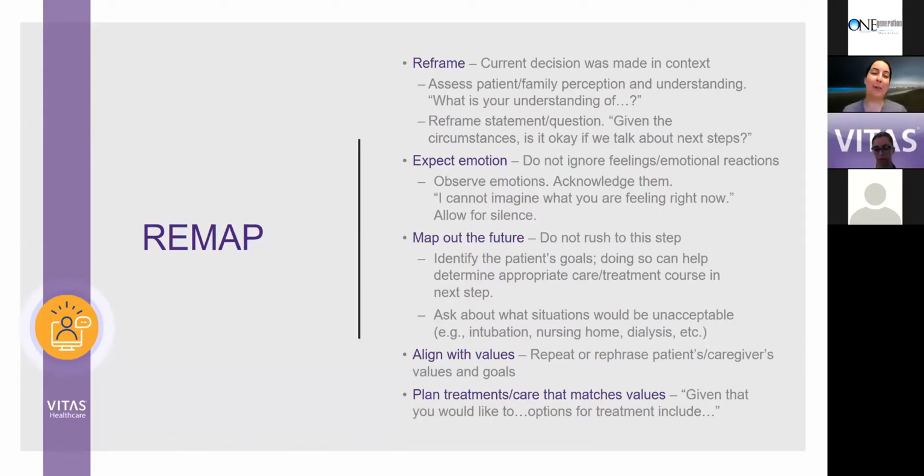And I'm sure you guys have seen all over the news and in different articles, a lot of different wedding ceremonies that have taken place in the hospital for this exact reason. So it's really important to acknowledge those goals and really see how you can help to support them to reach those goals. And then finally, P, planning treatments and care that match the values. So given that you would like this, here are your options.